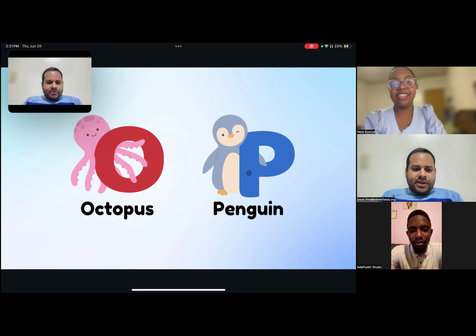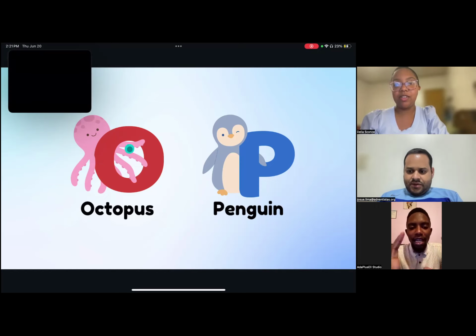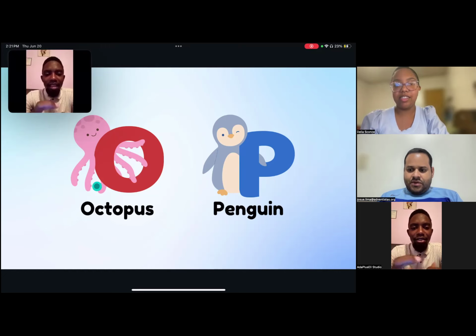Do you remember the names of these parts of the octopus? The tentacles, yes. It uses them to grab things. It also uses them as a defense mechanism.